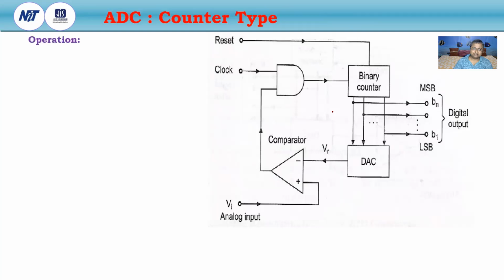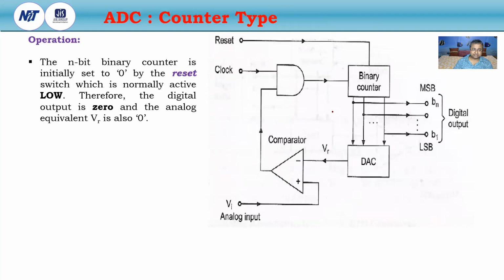Now we come to the discussion of the operation of this type of ADC. The n-bit binary counter is initially set to 0 by the reset switch, which is normally active low. Therefore, the digital output is 0 and the analog equivalent VR is also 0.